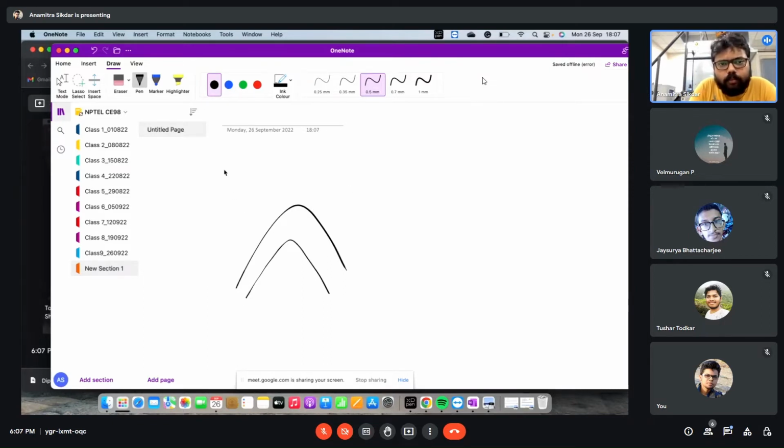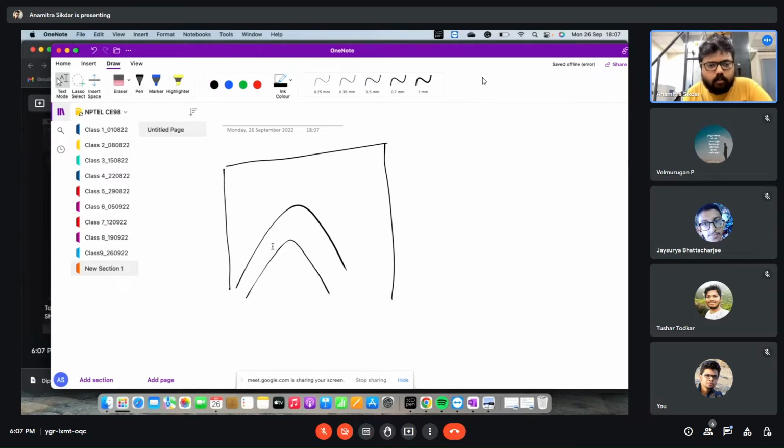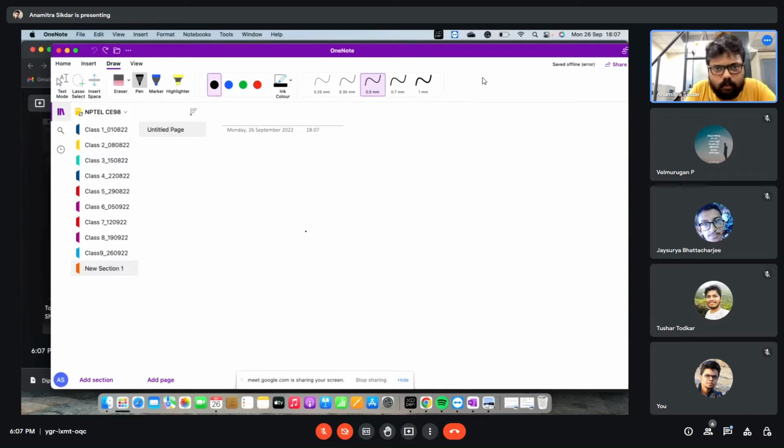So this is a 2D map, right? And you are seeing this fold, right? So this will be an example.